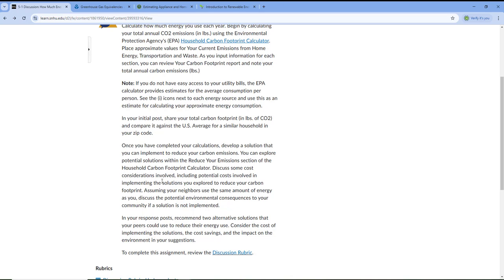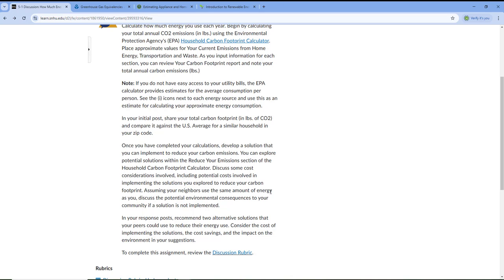So if it says you could reduce your carbon footprint by quite a bit by installing solar panels, that might be a great idea, but the potential costs might not be in your budget right now. So think about those things when you're exploring solutions to reduce your carbon footprint. Hopefully you'll find some solutions that fit within your budget, that you can actually consider implementing. So do some research and consideration when you're writing this out.